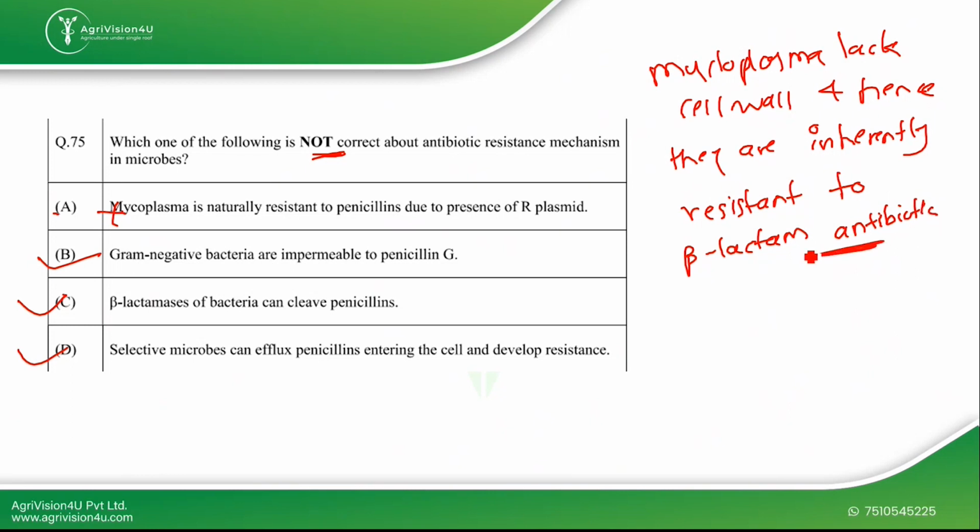And these beta-lactam antibiotics, an example is penicillin. Why penicillin? Because penicillin has the beta-lactam ring in its structure. So the not correct option is mycoplasma, that is option number B.